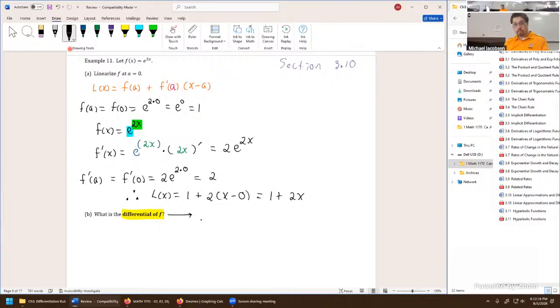When we say differential, it means if y is a function of x, then dy equals f prime of x dx is the differential. Differentials have lots of uses in calculus 1, calculus 2, calculus 3, and beyond, vector calculus, and so on.